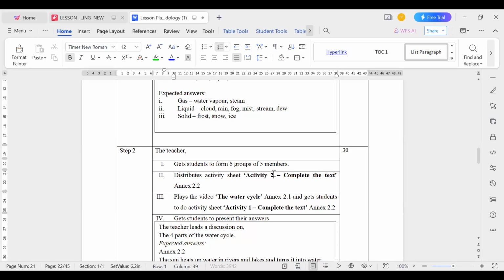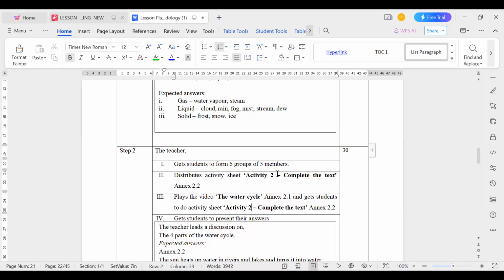The teacher plays the video, the water cycle, Annex 2.1, and gets students to do activity sheet, activity 2, complete the text, Annex 2.2. Actually, there is a small mistake here. Complete the text doesn't give you any idea about what this video is about.